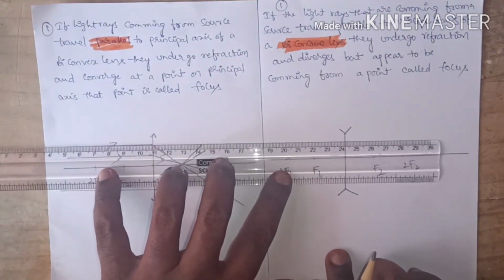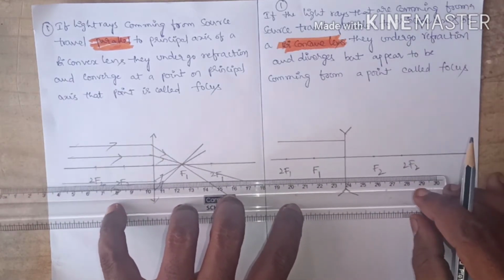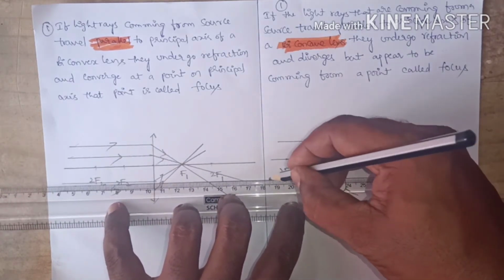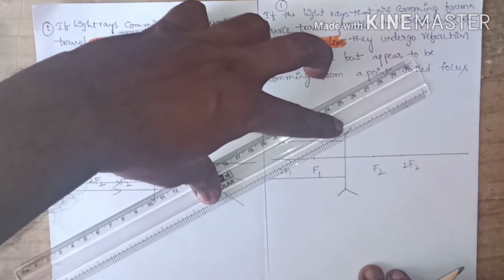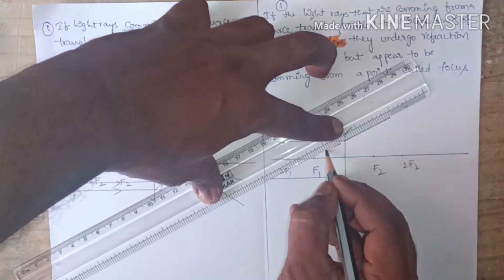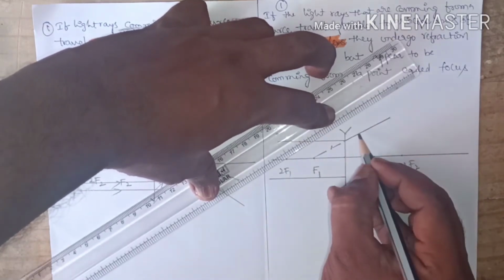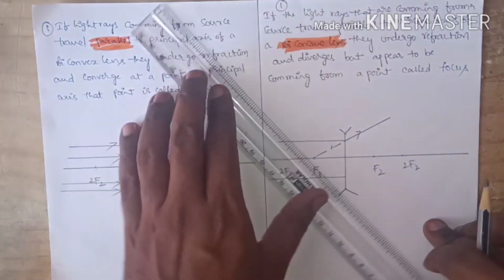Now what happens? If the light rays are traveling parallel to the principal axis of a biconcave lens, they undergo the process of diverging, but they appear to be coming from a point on the principal axis. That point is called focus.